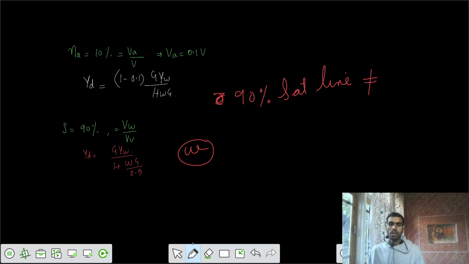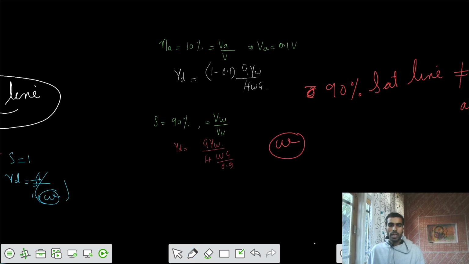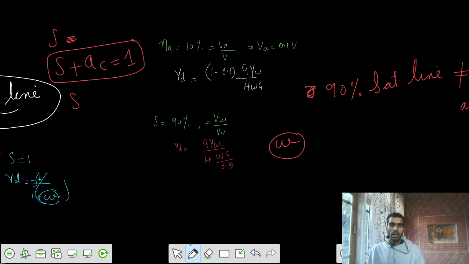Your 90% saturation line is not the same as a 10% air void line. This is one more statement we get. The relation of S is with the air content, not with the percentage of air voids. It does not mean that S is 1 minus Na.